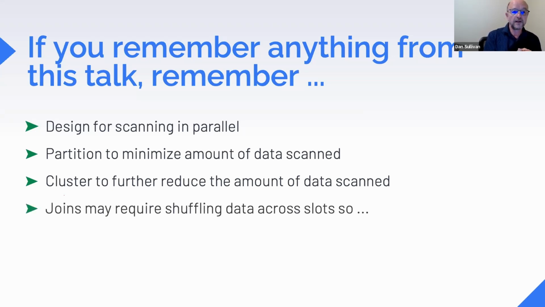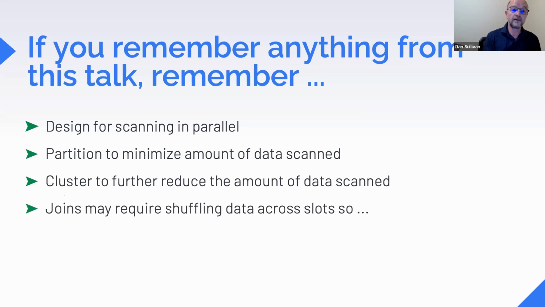Now, joins are very common, of course, in normalized databases, but joins can require shuffling across slots. I know I've been saying we don't need to worry about shuffling data because BigQuery is so fast, and it's true. It's like we don't need to worry that much about scanning because the scanning mechanism is so fast.